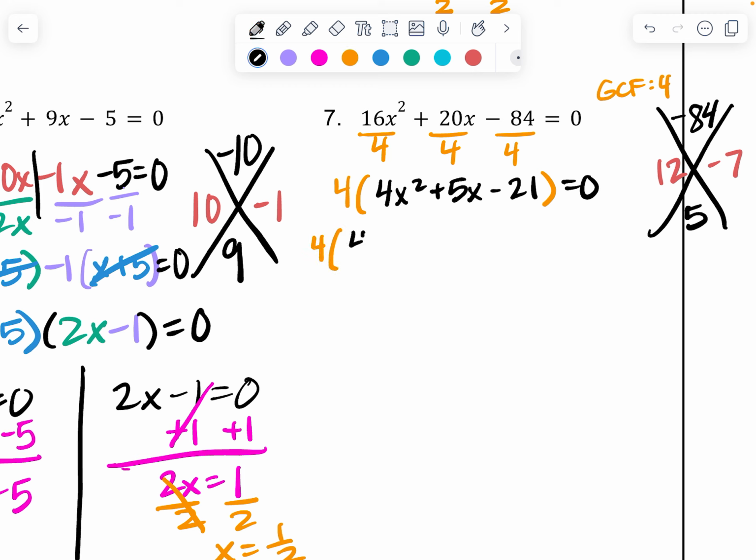So I'll split my trinomial, split the middle term, and factor by grouping. Let's see, greatest common factor is 4x.